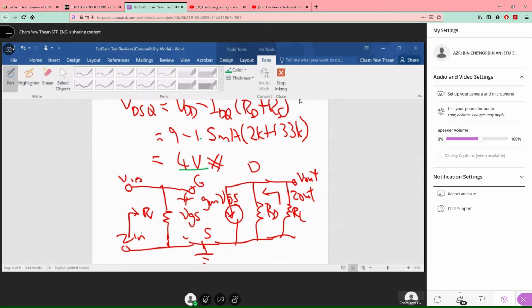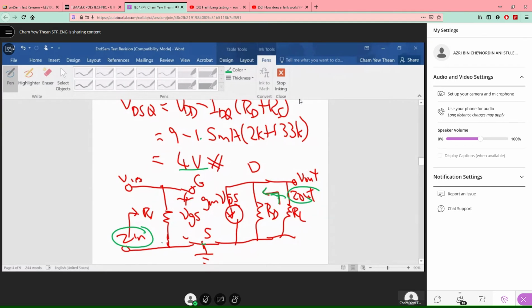So there is your small signal model. Remember, you must include the Z out, the Z out is inside. And then you have the VGS, Q, and then the ground is there. The small signal model you can copy from your lecture notes or your tutorial. It's a very standard one.